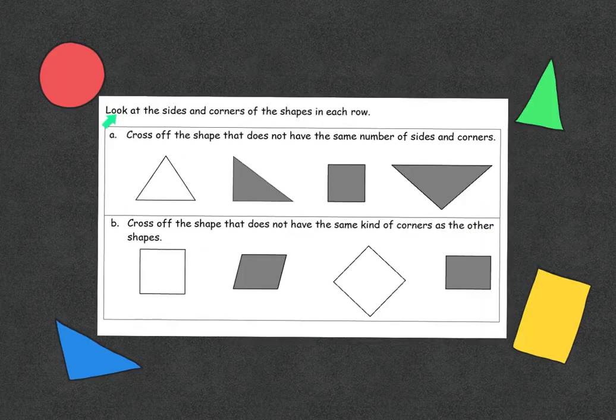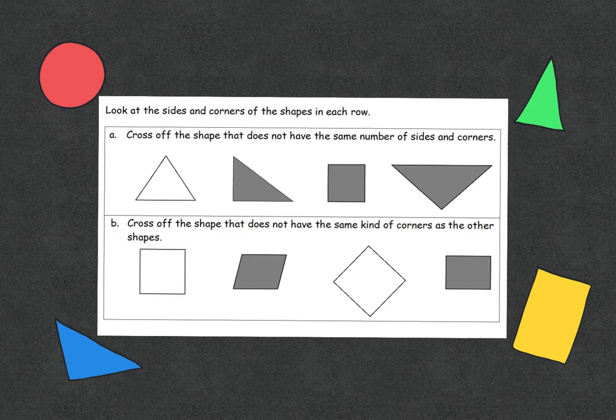Our last example says to look at the sides and corners of the shapes in each row. A says to cross off the shape that does not have the same number of sides and corners. Here we can see we have a triangle, a square, and a triangle.